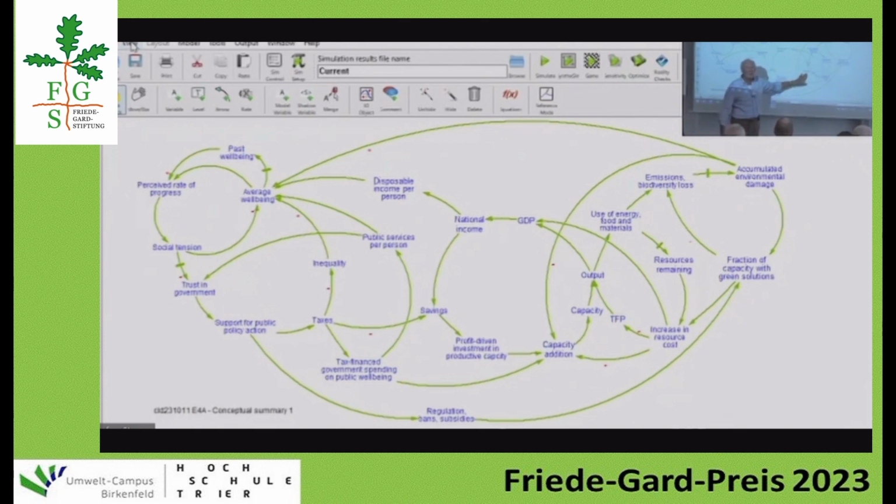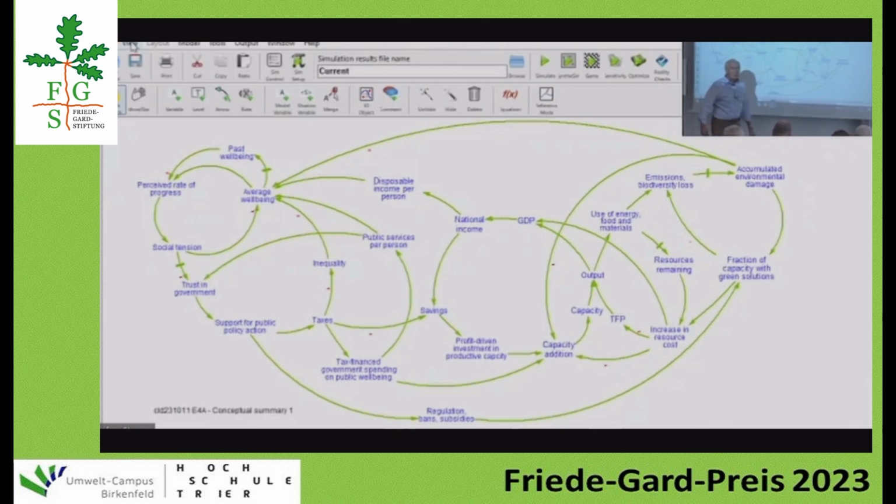The economists call it the potential GDP. This is the ability of the existing capital stock and the labor and their training and the technology to produce output. So this is determined by capacity, which in turn is determined by capacity addition and the discard of capacity, which is not drawn here for simplicity.